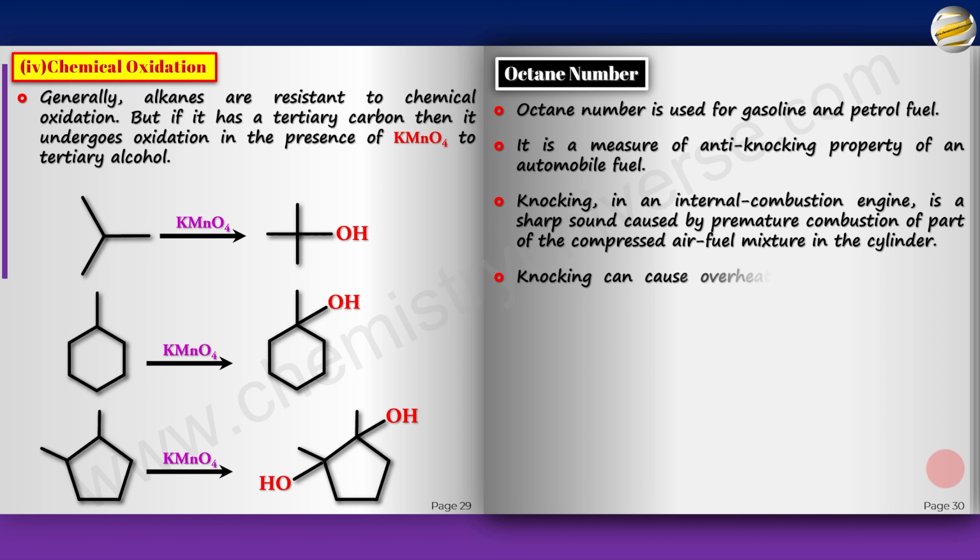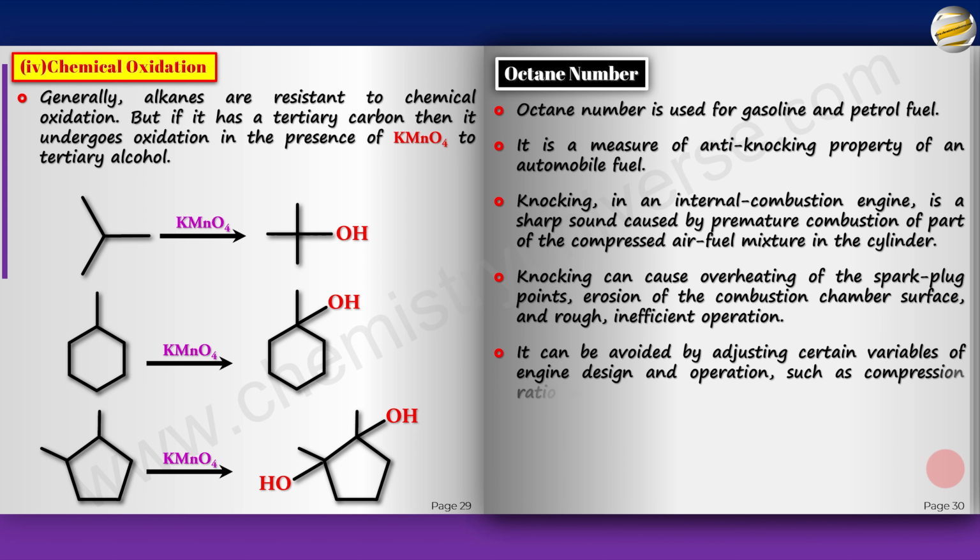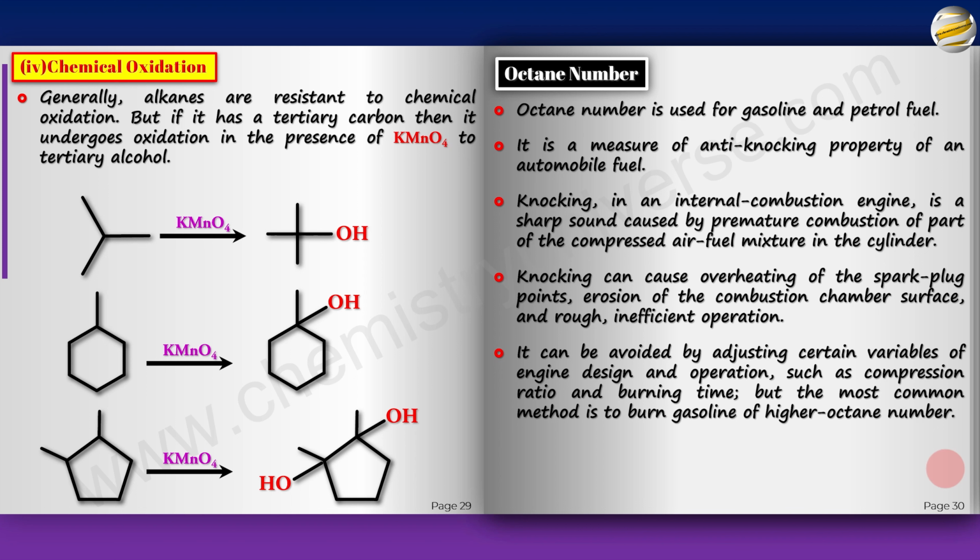Now, knocking can cause overheating of the spark plug points, erosion of the combustion chamber surface, and rough, inefficient operation. Now, it can be avoided in many ways. One, by adjusting certain variables of the engine design and operation, such as compression ratio and burning time. But the most common method is to burn gasoline of higher octane number.